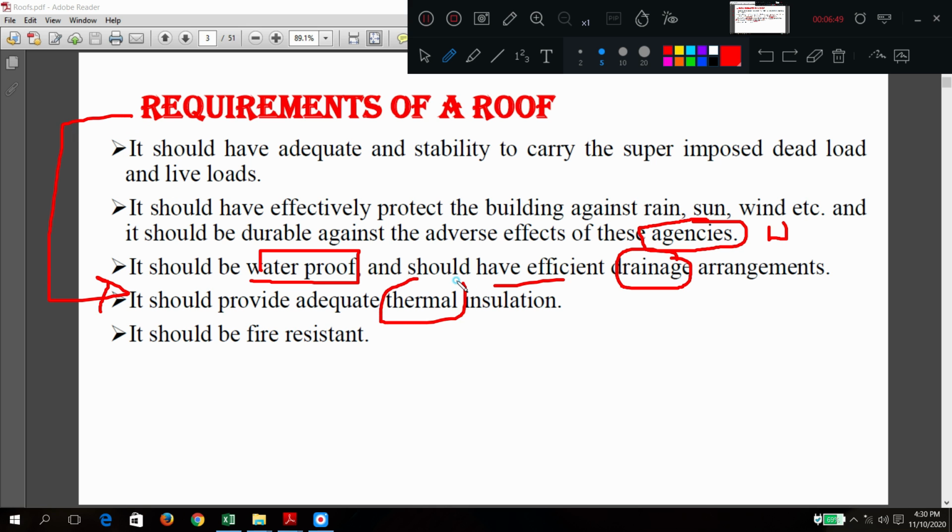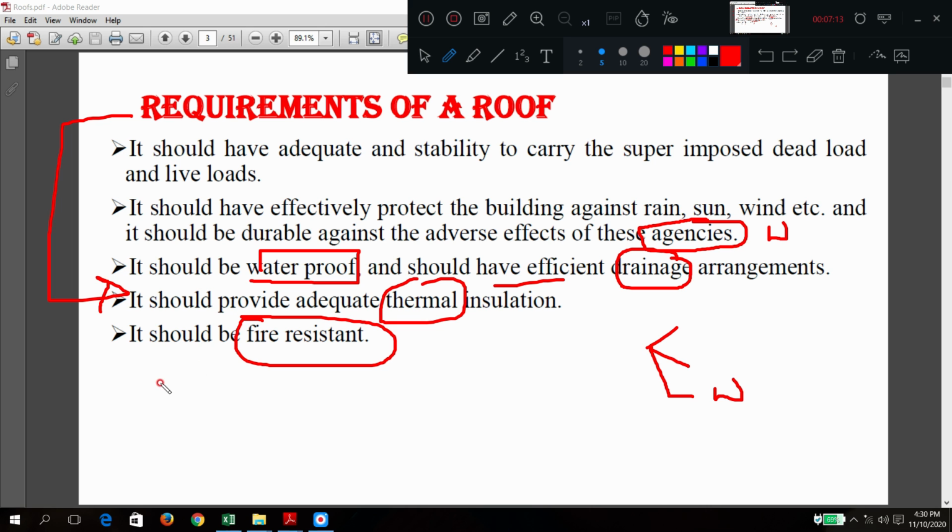Apart from that, thermal insulation. Every floor should have thermal insulation. What types of insulation have we seen? Thermal, sound, and one more thing: water impermeability, meaning moisture should not pass through. Apart from that, it should be fire resistant.